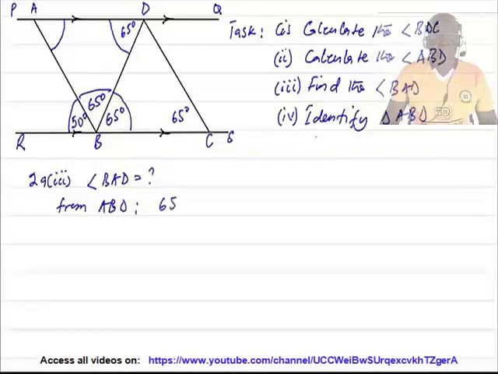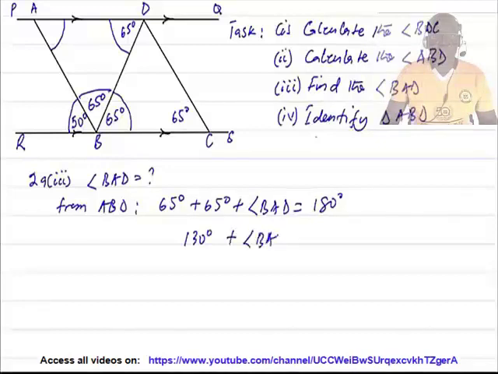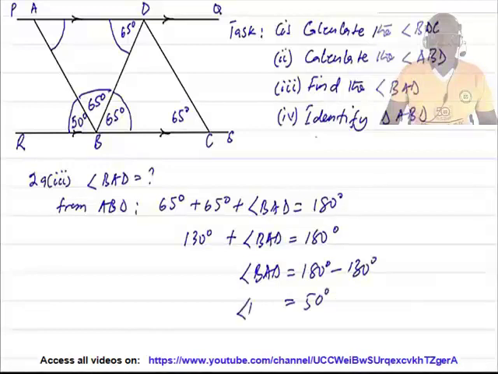Therefore, 65 degrees plus 65 degrees plus angle BAD should equal 180 degrees, or 130 degrees plus angle BAD should equal 180 degrees, or angle BAD equals 180 degrees minus 130 degrees, which equals 50 degrees. Therefore, angle BAD equals 50 degrees.